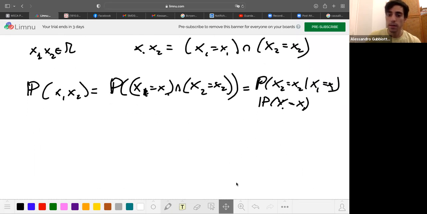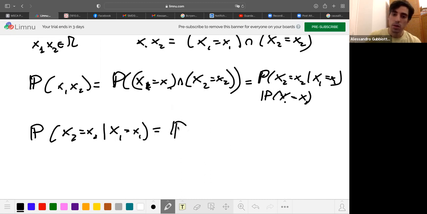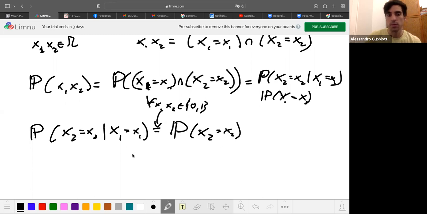Now, what does the independence hypothesis tell us? It tells us that the probability of X2 being equal to little x2, given that X1 is equal to little x1, for each little x1, little x2 in {0, 1}, is equal to the probability that capital X2 is equal to x2.